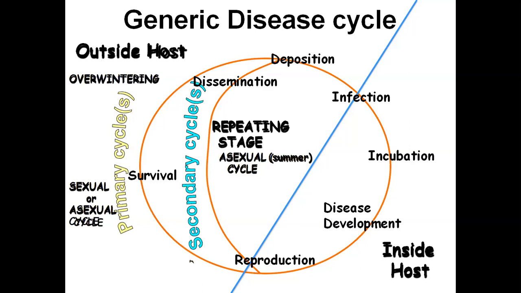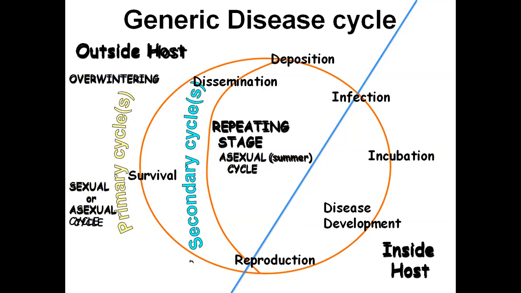Whereas the secondary cycles are repeated cycles, mostly completed through asexual reproduction, where the pathogens reproduce asexually, forming different forms of spores, which are disseminated, reaching the host surface and causing infection.